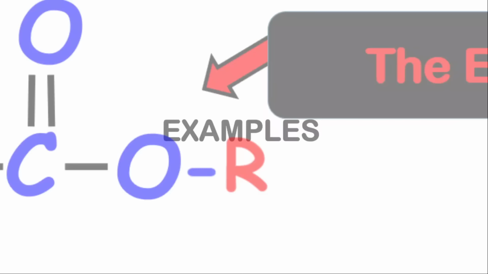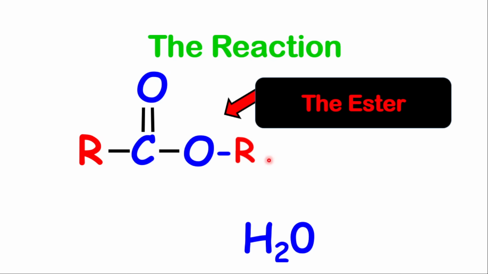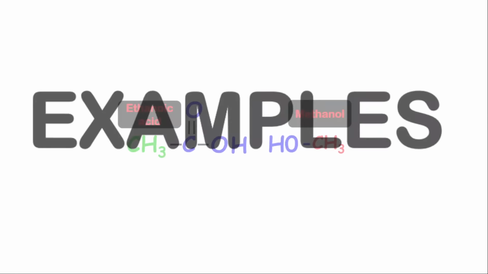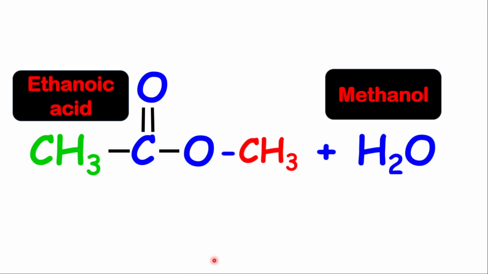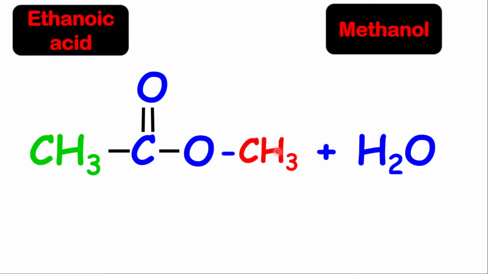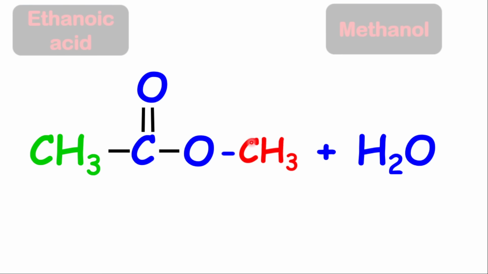And the R's represent, let's go back one little bit, the R's represent our side chains, our carbon chains, right? So a typical example here, if we're going to react ethanoic acid with methanol, the water will be removed, and then the methyl from the alcohol will join to the ethanoic.